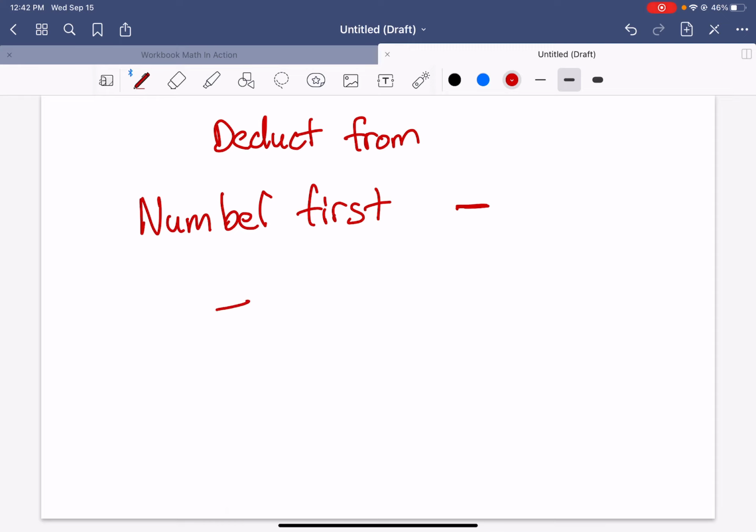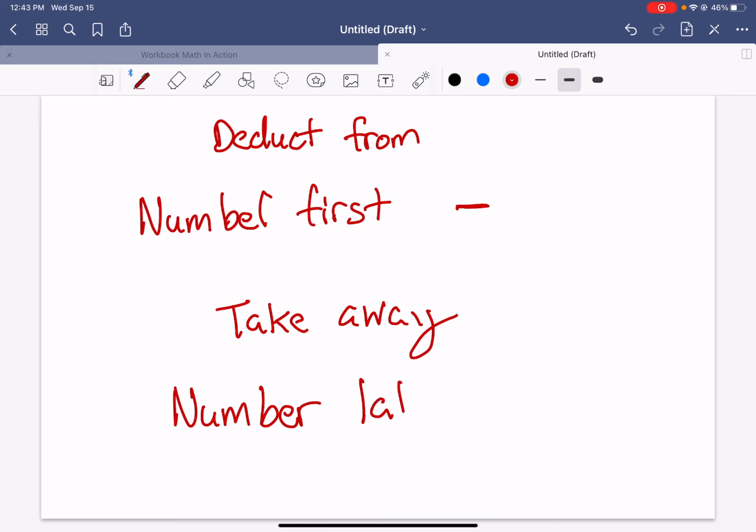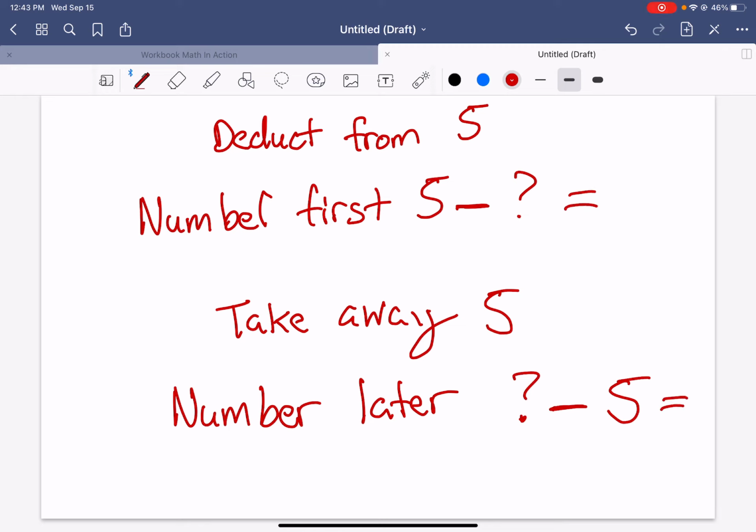If it says take away, we write the number later, right? If it says deduct from 5, right? 5 minus blank, right? Take away 5 means we do the number later.